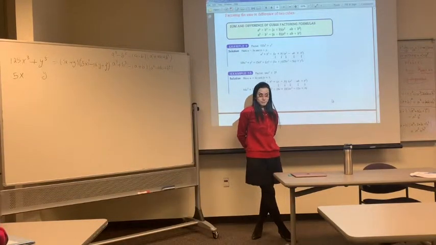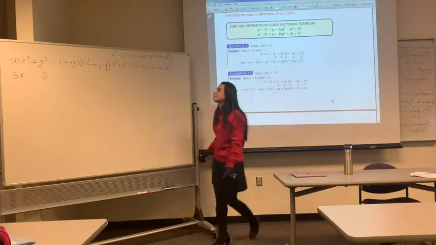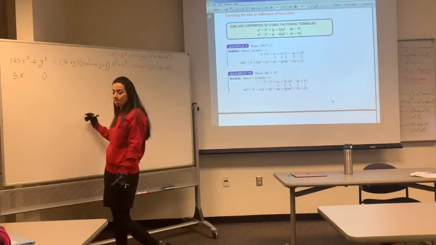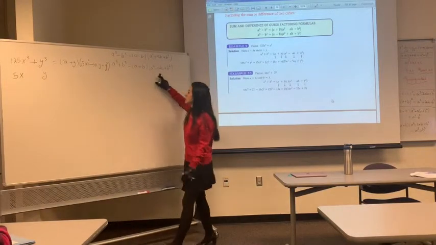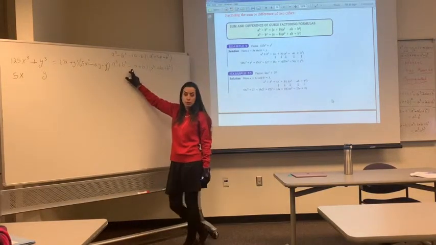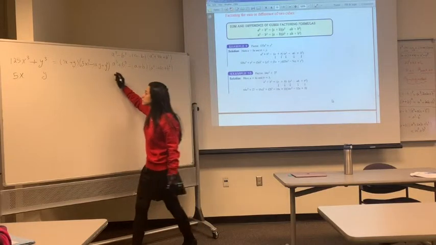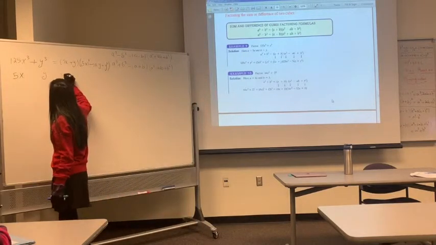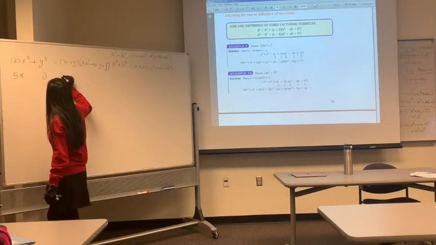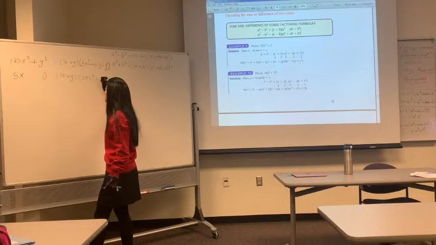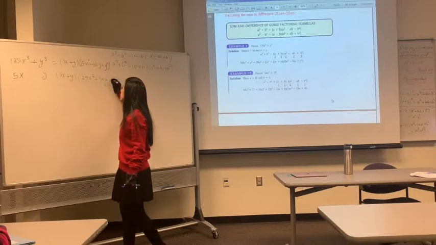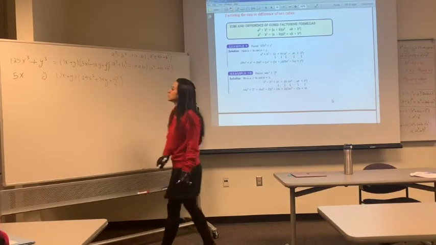Okay? So why is it minus 5xy? Because I'm using this. So I will rewrite this: (5x plus y) multiplied by (25x power 2 minus 5xy plus y squared).